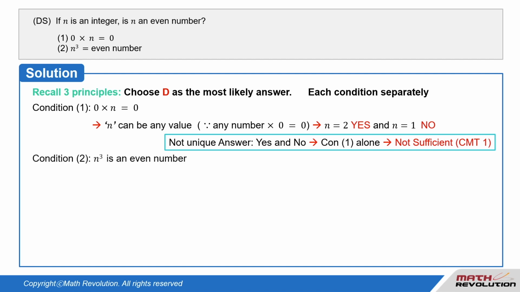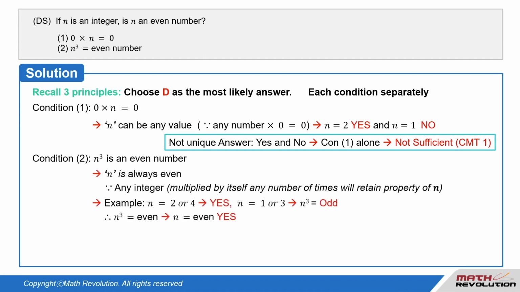Condition 2 tells us that n cubed is an even number. So, n will always be even, as any integer multiplied by itself any number of times will retain the property of n. For example, when n is 2 or 4, the answer is yes. But if we take n as 1 or 3, n cubed is odd.